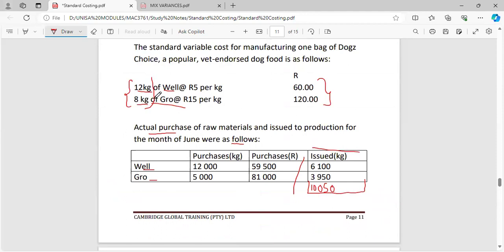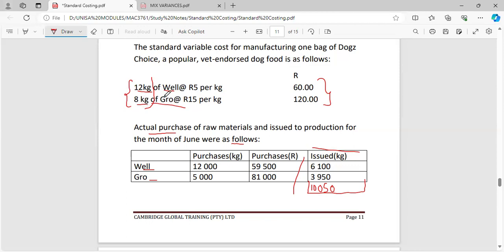When we talk of a mix proportion, this is what is going to go into this bag of dog food. There is going to be 12 kg of well and 8 kg of grow. So these are the two materials that are going to be used to make this product.